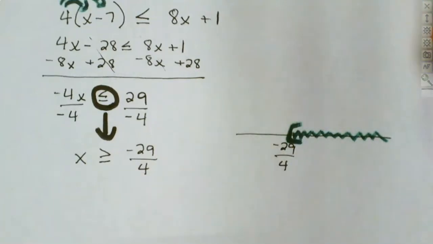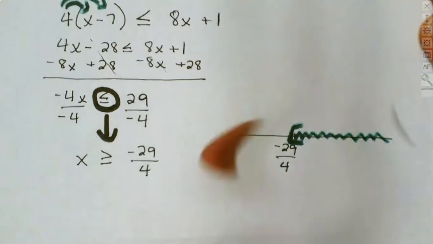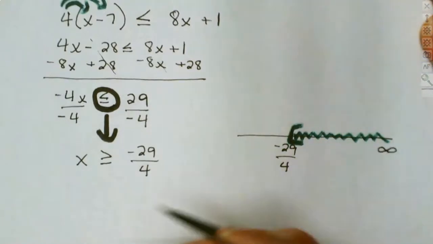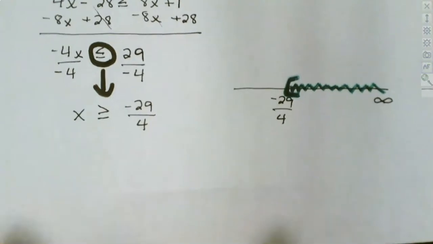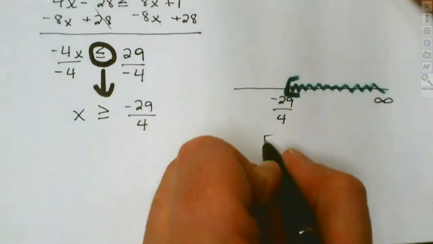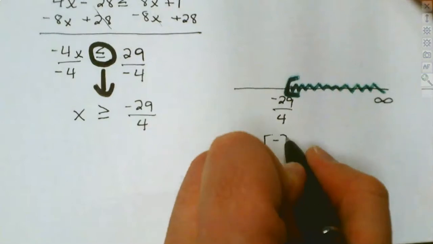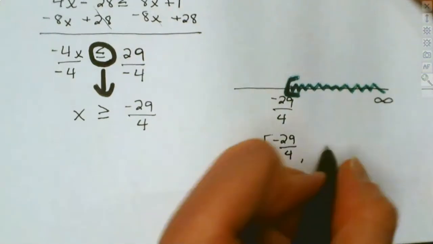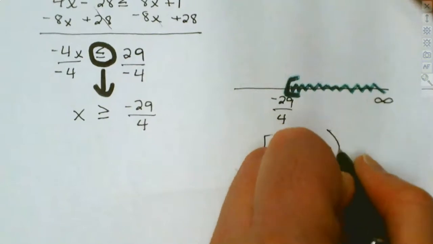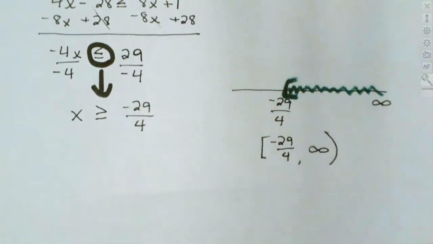It is going to the right, so that means it goes out to positive infinity. And so what does that now look like in interval notation? Well, it looks like minus 29 over 4 with a square bracket, comma, infinity with parentheses.